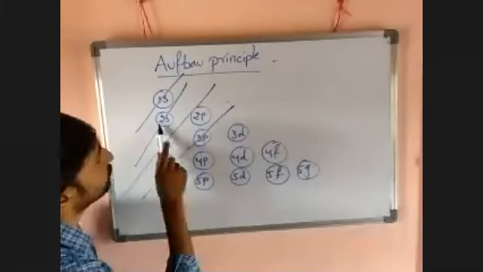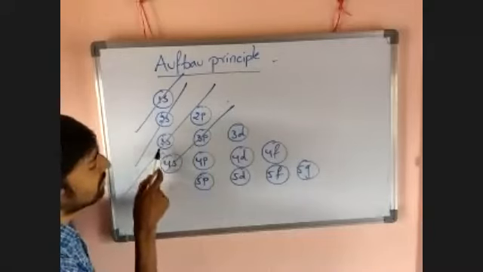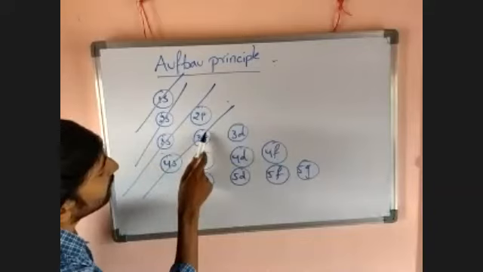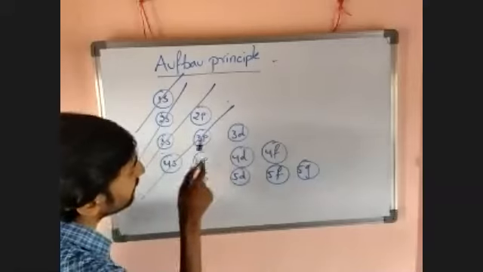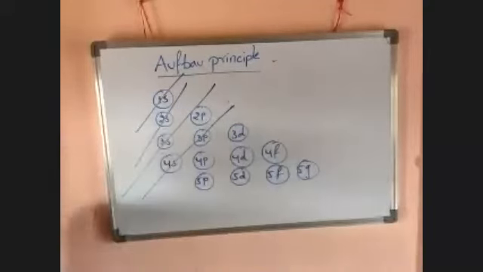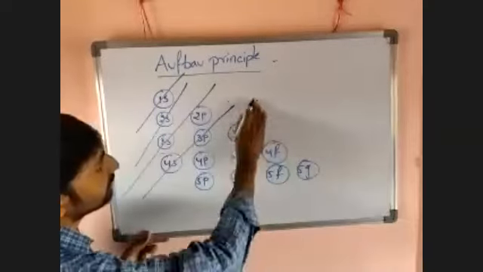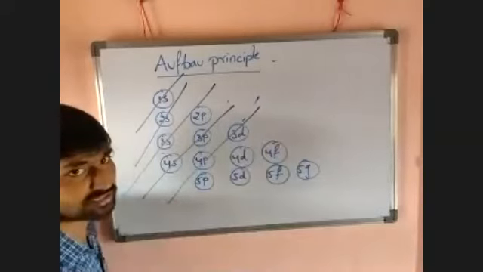After completion of 2s, electrons enter the 2p. After 2p, electrons enter 3s. After completion of 3s, where do electrons enter? 3p. After 3p completion, electrons do not enter the 3d. They enter the 4s. So remember, it enters the 4s. Then after completion of 4s, electrons enter the 3d, then 4p. Like that, electronic configuration takes place.